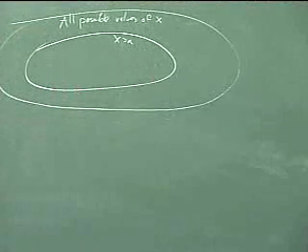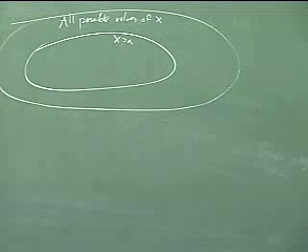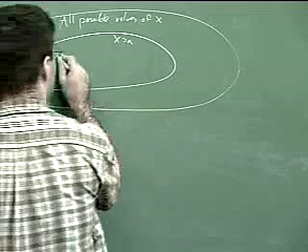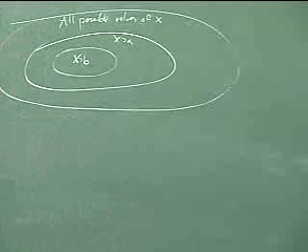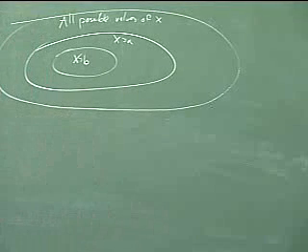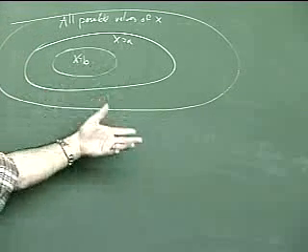Now I'm going to draw the set where X is greater than b. But since b is greater than a, if X is greater than b, then it's got to be greater than a. So X greater than b falls inside X greater than a. So when I tell you X is greater than b and X is greater than a, all you really need to know is that X is greater than b. If you know X is greater than b, you already know it's greater than a.